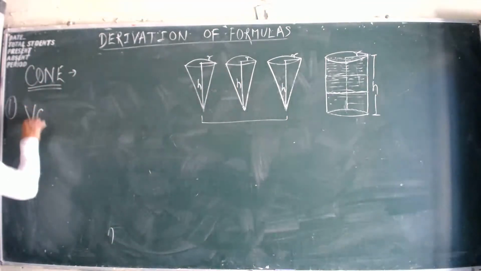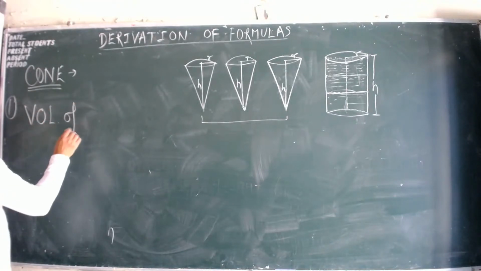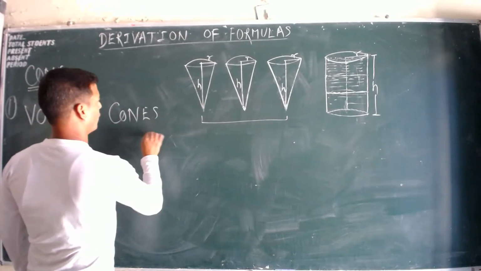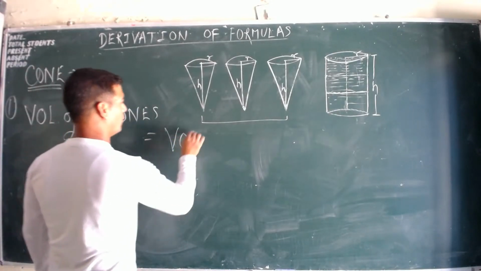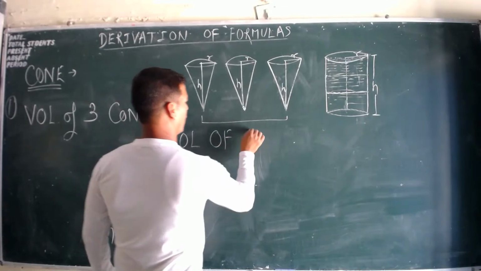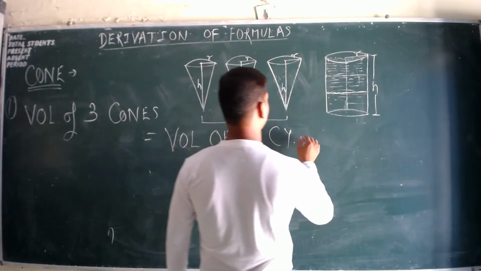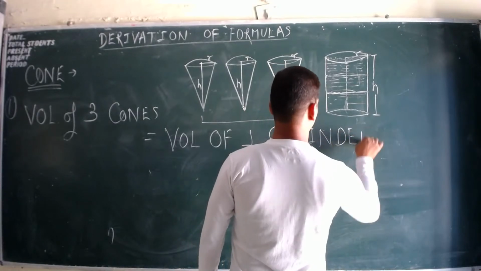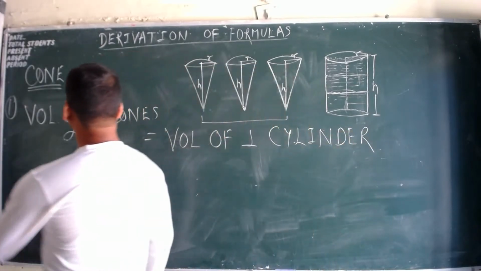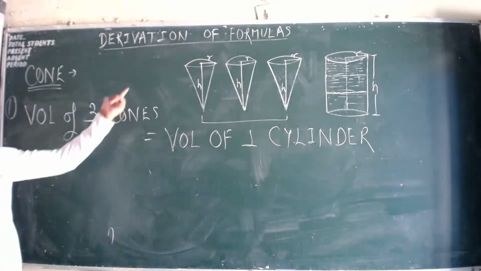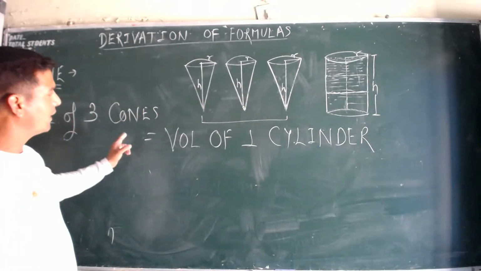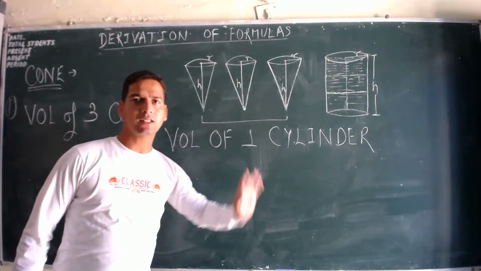So volume of 3 cones will be equal to the volume of 1 cylinder. Its equivalent cylinder, you can say. Volume of 3 cones will equal the volume of 1 cylinder.